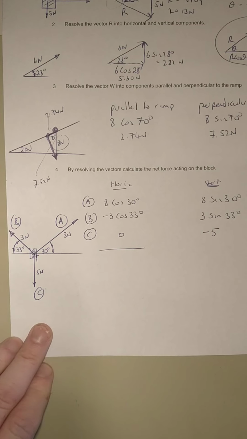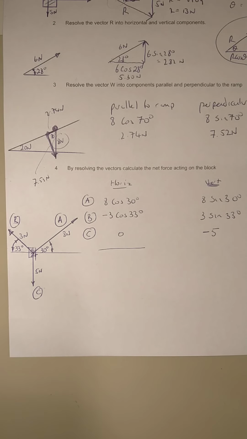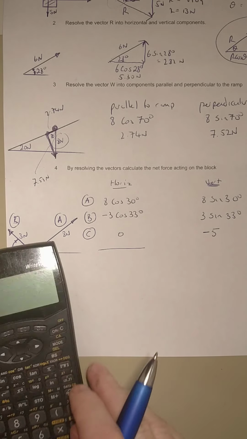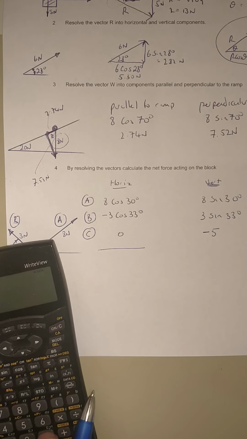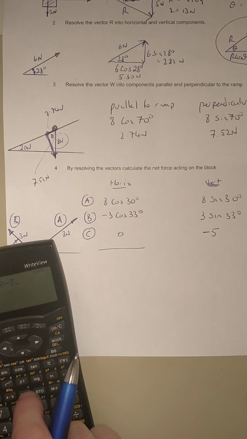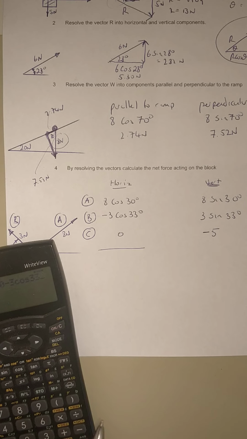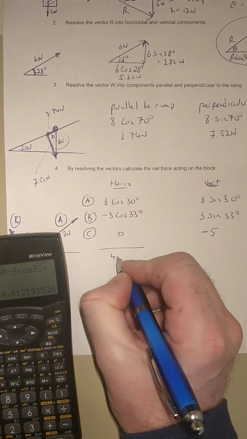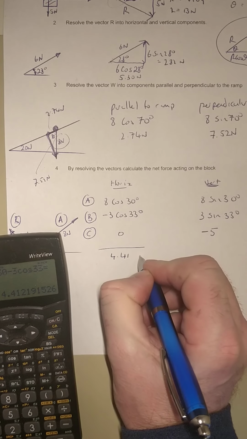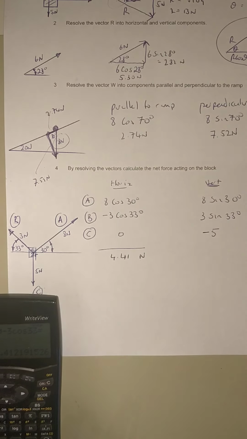Next step, we can now add the horizontal components because they're all in the same direction. So we get 8 times the cosine of 30 minus 3 times the cosine of 33, and we get a value of 4.41 newtons. And that's clearly up, because up is the positive direction.